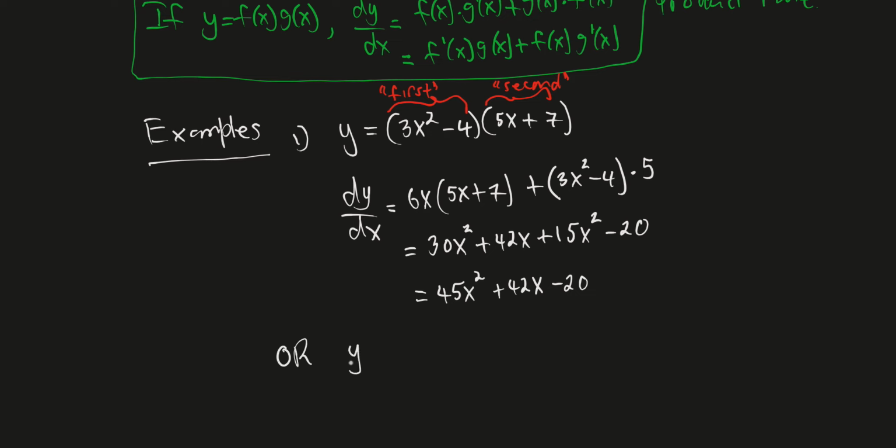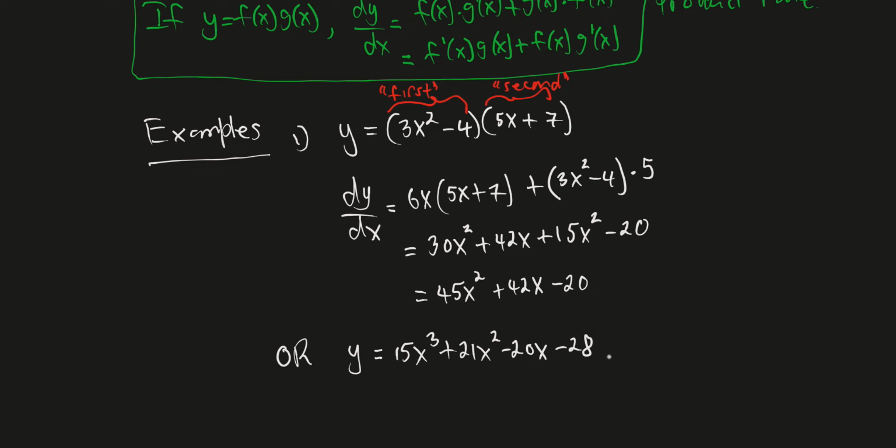So let's first rewrite the function. So let's FOIL out and see what we get. So this would be 15x cubed, and then a 21x squared, and then a minus 20x, and then a minus 28, right?